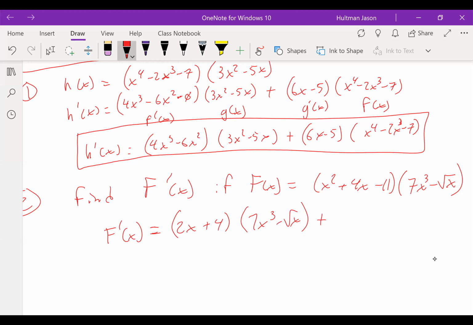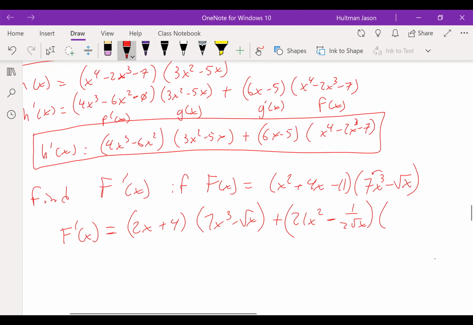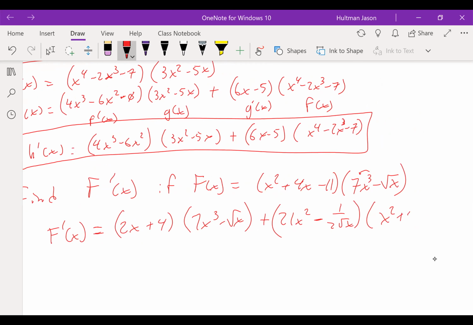I'm going to bring the 3 down, which makes that a 21. So that's 21x squared minus 1 over 2 radical x, times the first, which is x squared plus 4x minus 11. And that's about as far as I can go with that one.